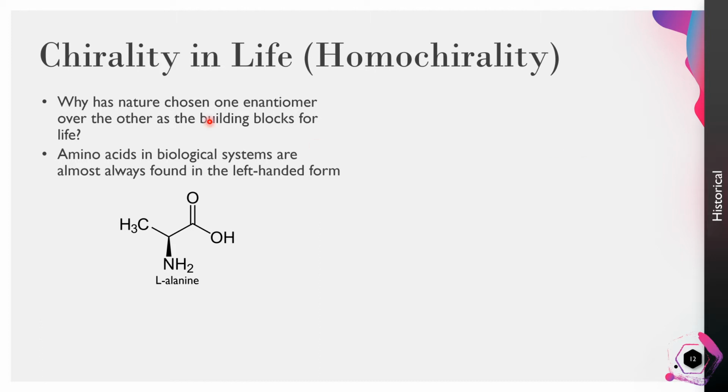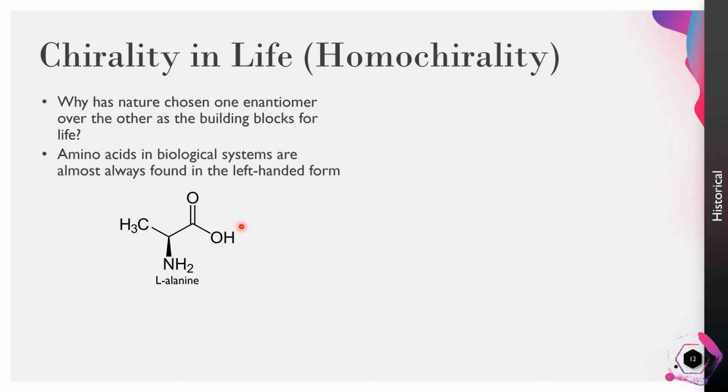If we were to, for example, synthetically try to create L-alanine from simple materials that we suspect were available at the early development of life on Earth, you would get racemic mixtures of both enantiomers. So why is there such a chiral excess of one building block?